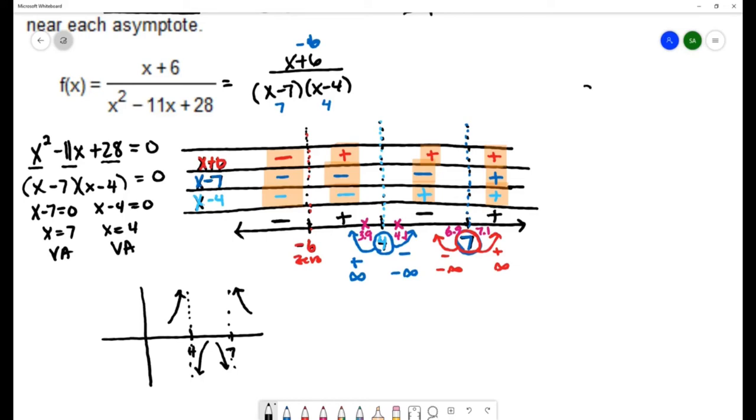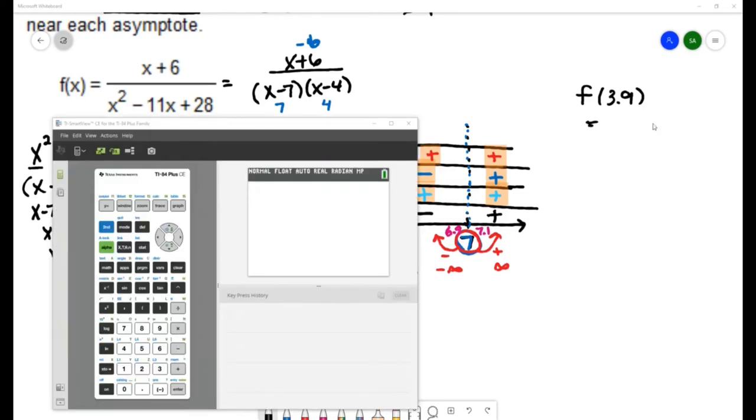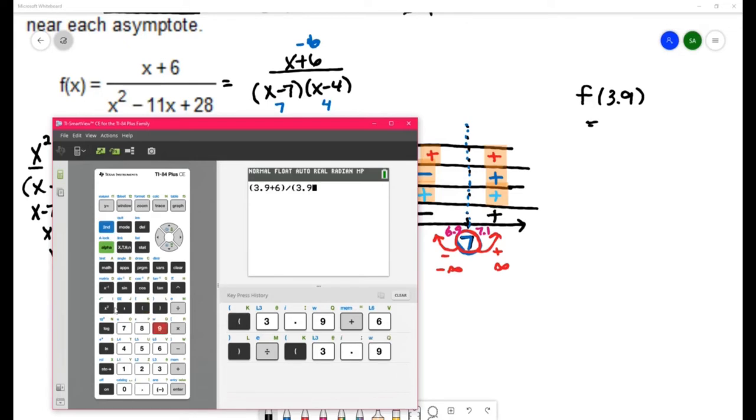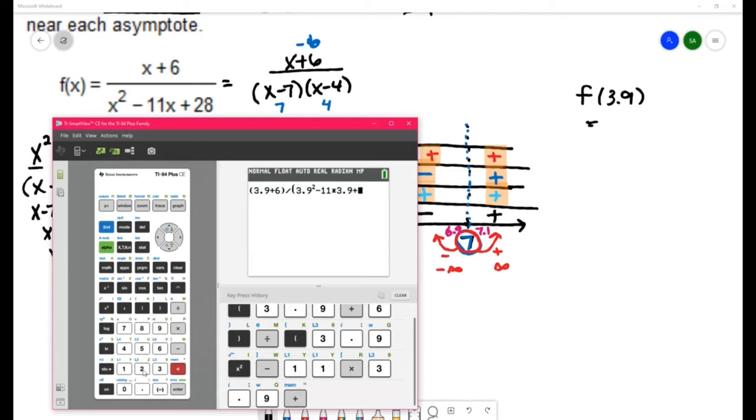So we can substitute f of 3.9. Let's get our calculator out to make this more convenient. I'm going to substitute into the numerator 3.9 plus 6 divided by 3.9 squared minus 11 times 3.9 plus 28.